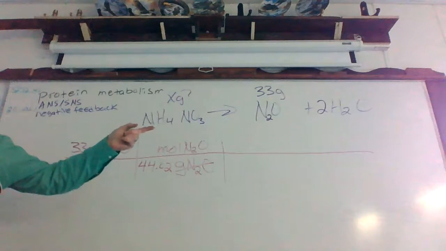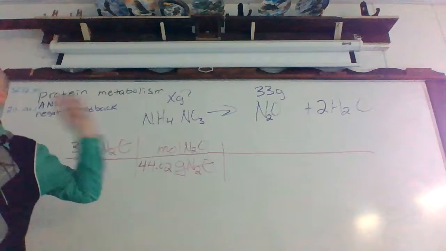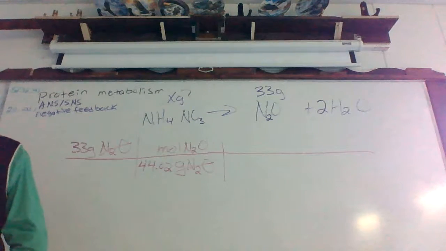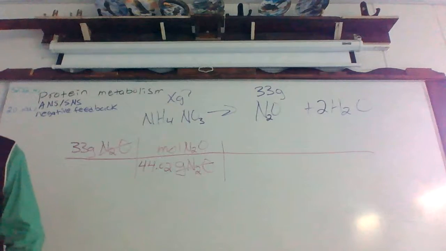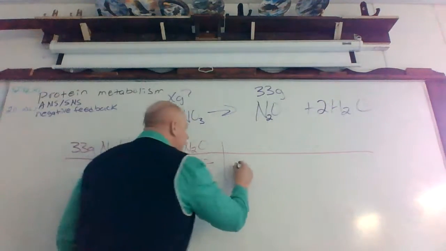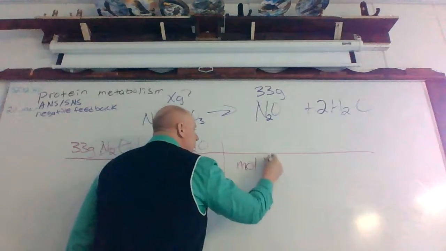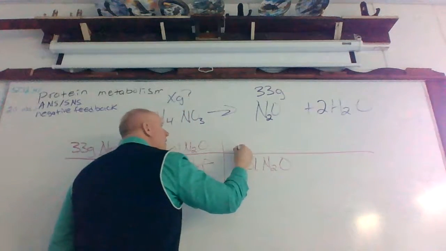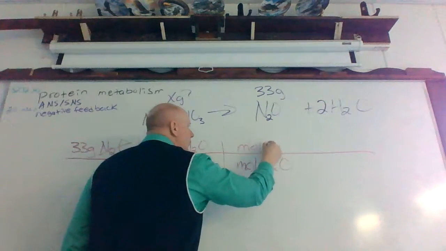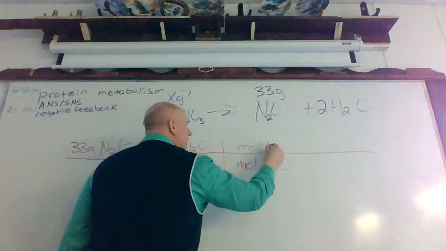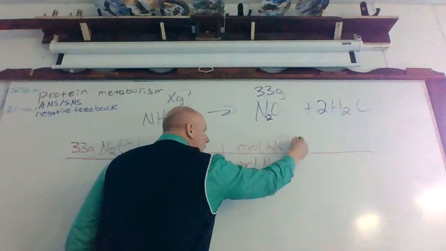Now, in some cases, this does happen. Let's say you, for some reason, skipped this mole ratio. You might still have a chance of getting it correct. Why might that be? Because both coefficients are 1. I'm just going to put AN for ammonium nitrate.